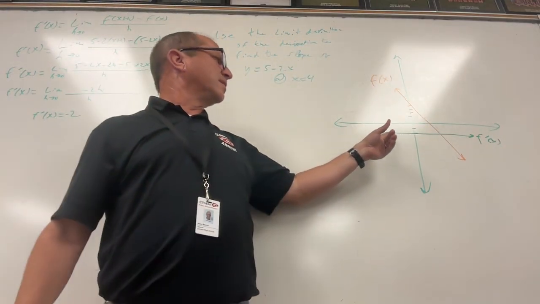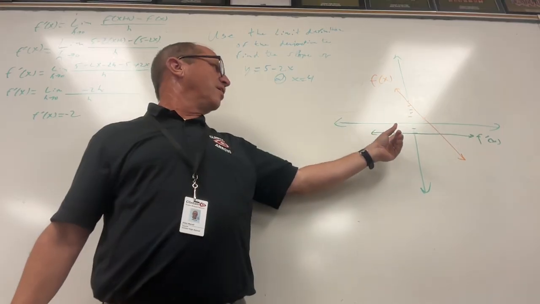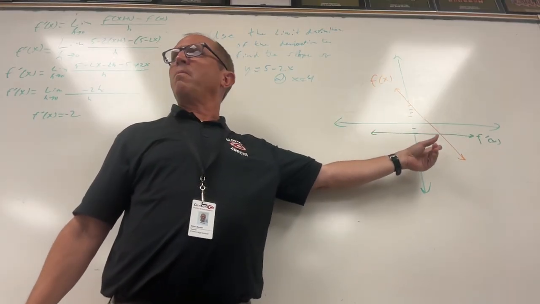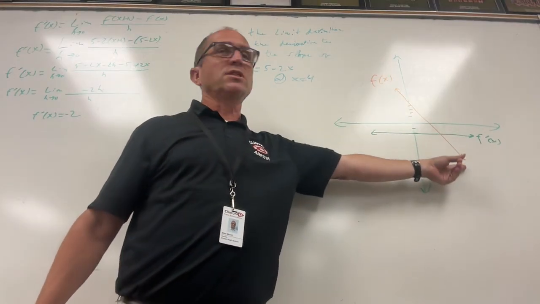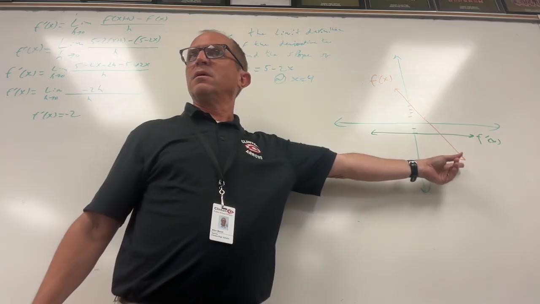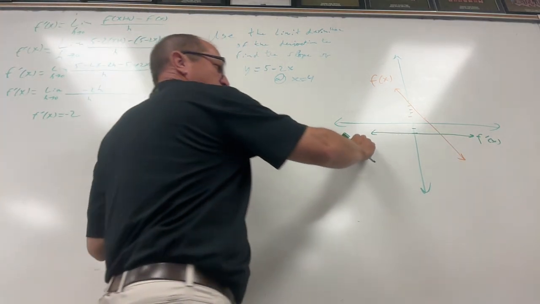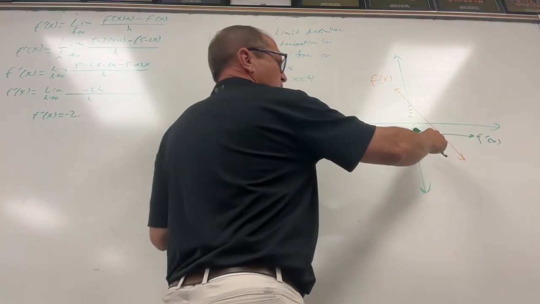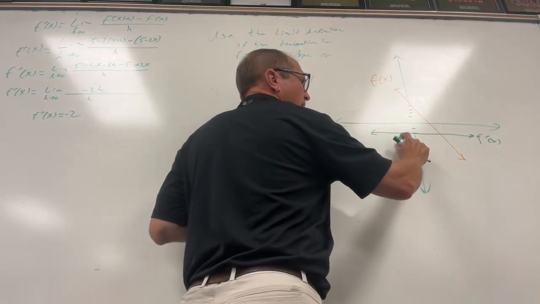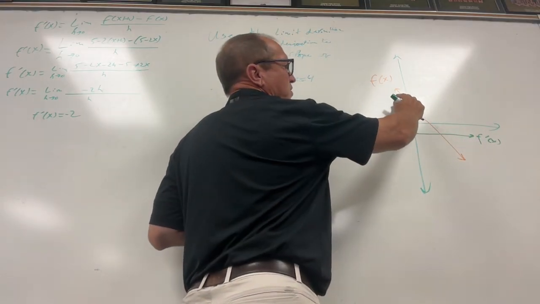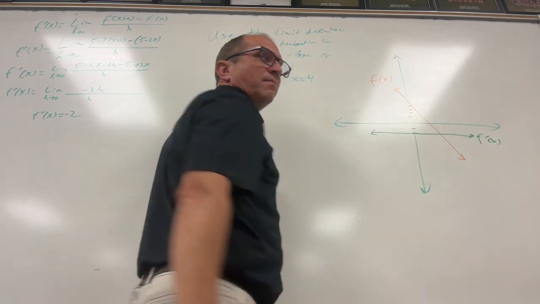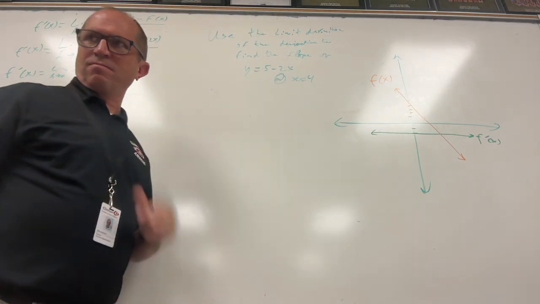So this is matching, this is the graph of the slope of this function. The graph of y equals negative 2 is this line here. So whatever my point is on this line, it just happens to be the slope of this line. That's what I was talking about.